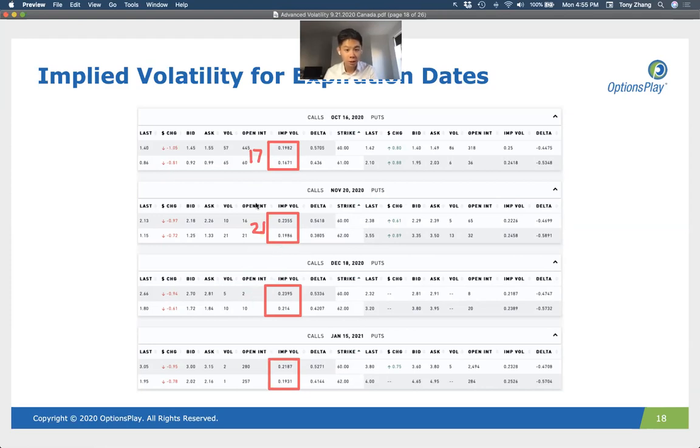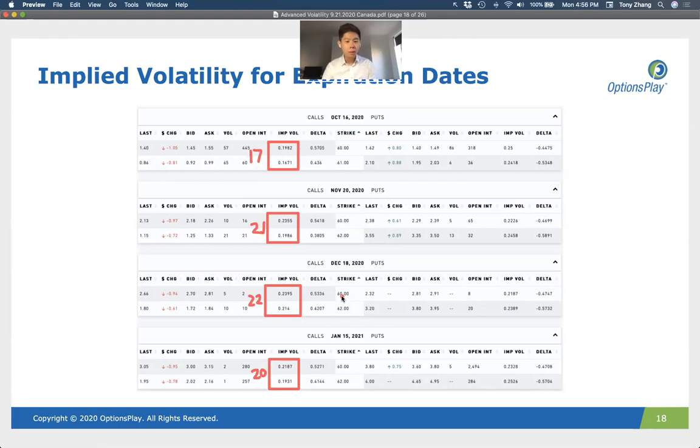So as you can see, 17 on the front month, 21 on November's, maybe 22s in the December's, and then January gets down to the 20s. So traders will sometimes use this to give us a better understanding when selecting expiration dates. And maybe when you're selecting weekly options, you might see more sensitivity to it.